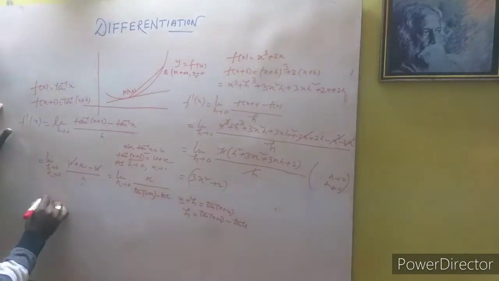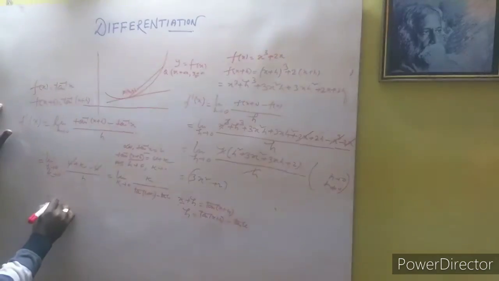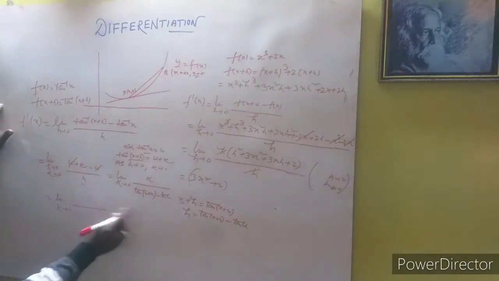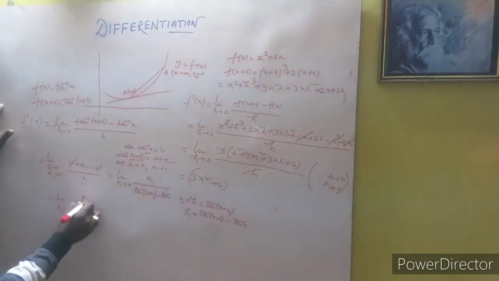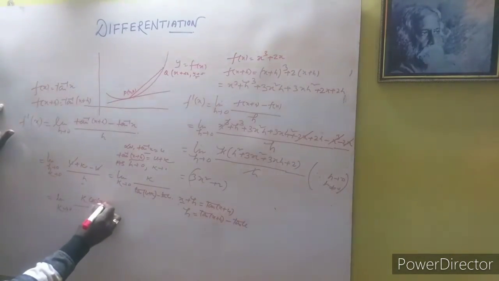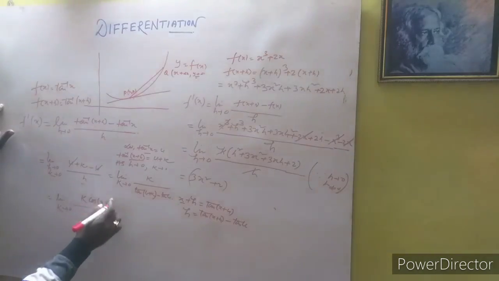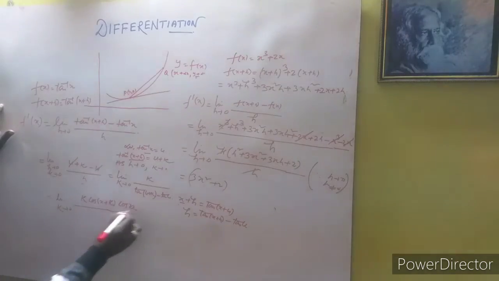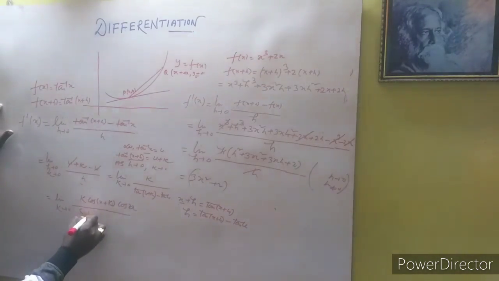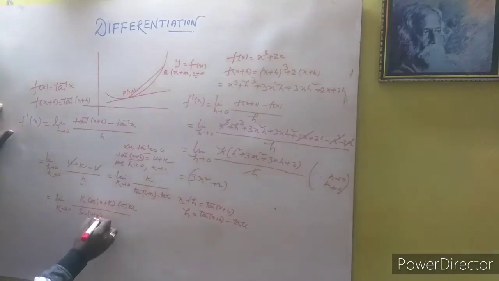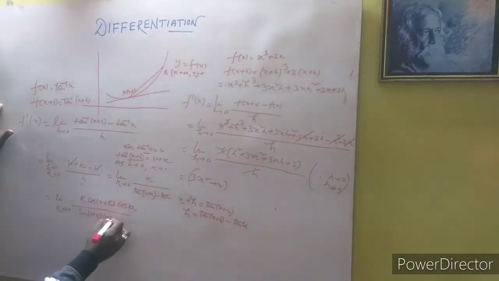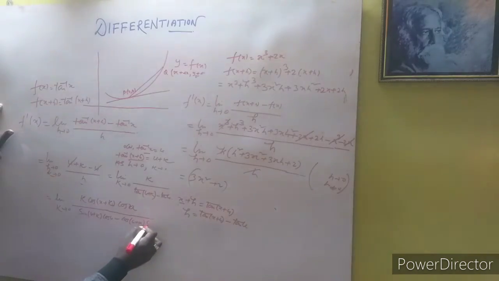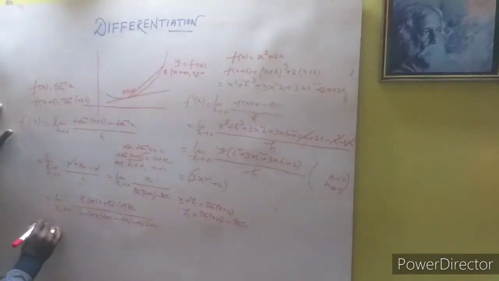and write the formula sine by cos, sine by cos, and then limit k tends to 0 and take LCM. So that is k into cos of u plus k and cos u, sine of u plus k and cos u, minus cos of u plus k and sine u.